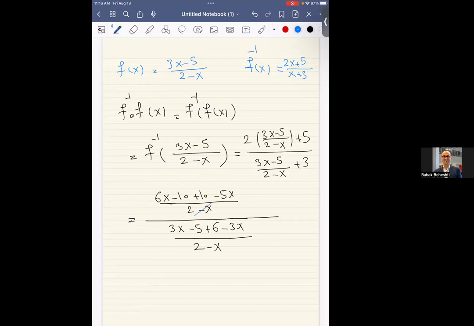So the 2 minus x cancel out each other. On the top you have 6x minus 10 plus 10 minus 5x, which is x. Then the denominator, 3x minus 5 plus 6 minus 3x, is 1. That is x. Magic. So f inverse of f is just x. And it must be.